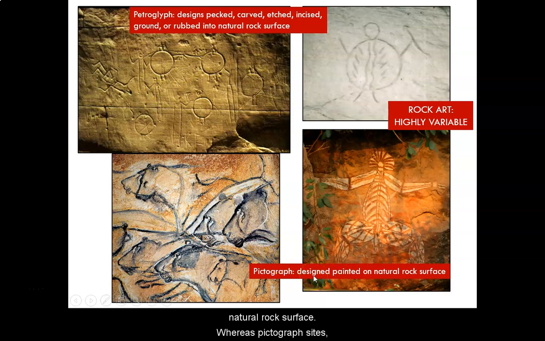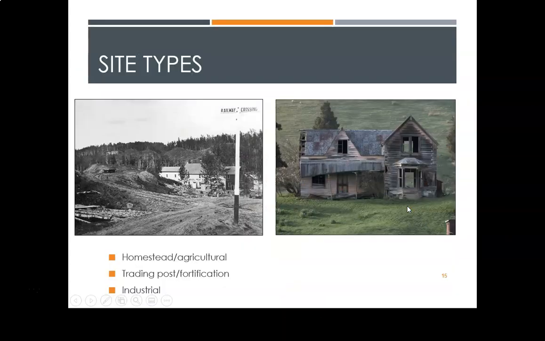Whereas pictograph sites, such as this Upper Paleolithic site in France, or this Aboriginal site from Australia, show images of either bears or an anthropomorphic figure or human-like figure that have been painted on the rock surface. Those might be what you think of when the term archaeological site comes to mind, but we also have more recent or contemporary sites.